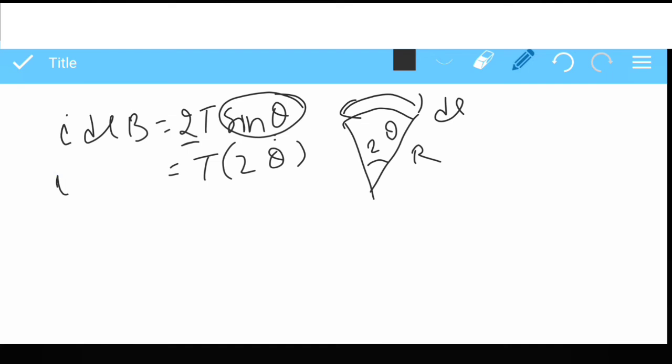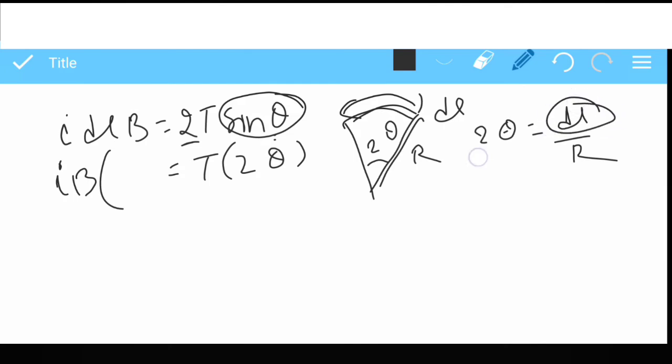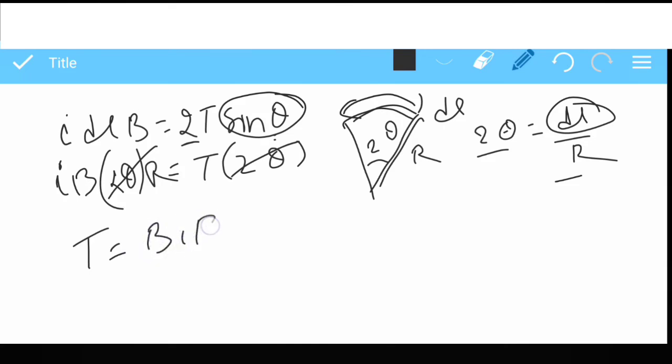So this is I B dl. Angle 2 theta is equal to arc length by radius, so 2 theta is equal to dl by r. So dl can be replaced by 2 theta into r. The 2 theta gets cancelled, so we have T equal to BIR. So this is the expression for the tension in the string.